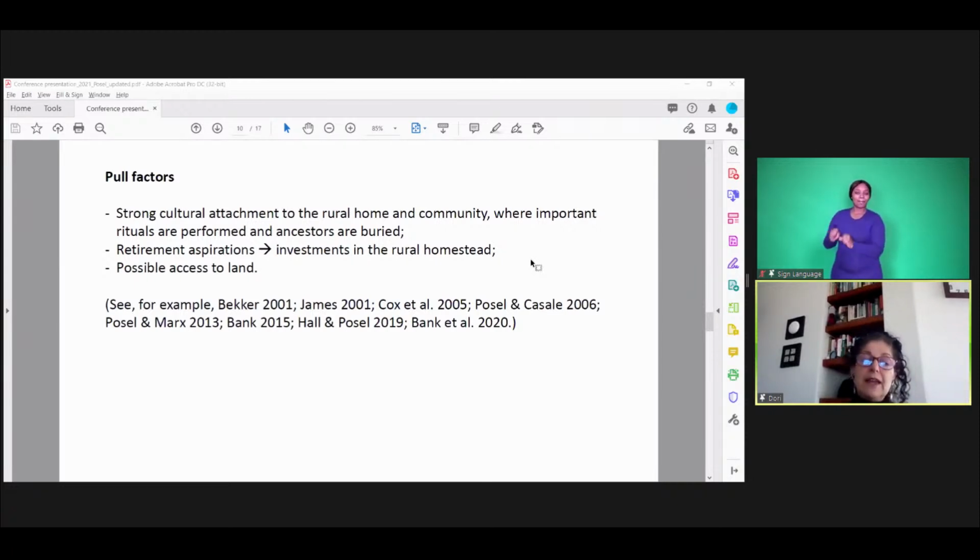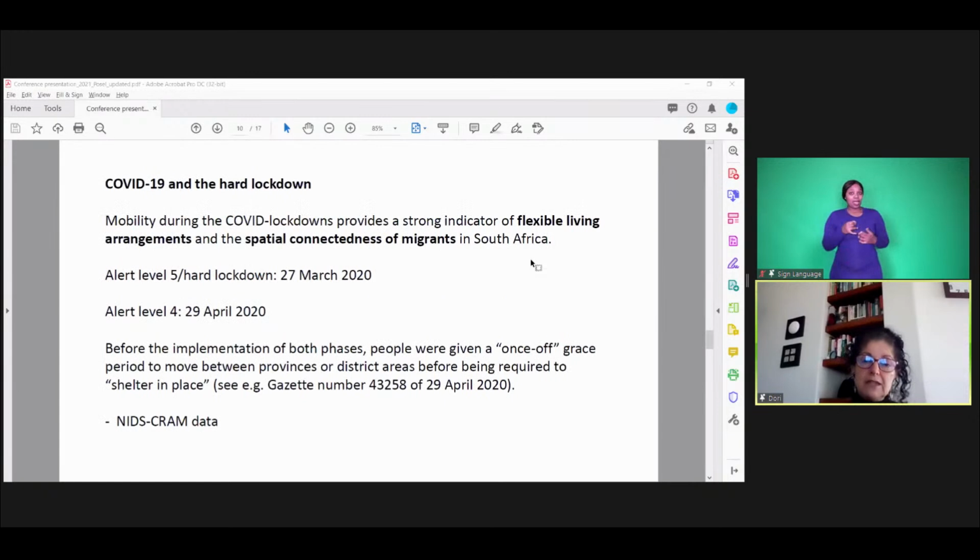So if we had any doubt about the spatial connectedness of migrants and the flexibility of living arrangements in South Africa in the post-apartheid period, then mobility during the COVID lockdowns last year provides strong evidence that would dispel these doubts. As you will recall, South Africa adopted a hard lockdown, referred to as Alert Level 5, on the 27th of March last year, which then progressed to Alert Level 4 on the 29th of April.